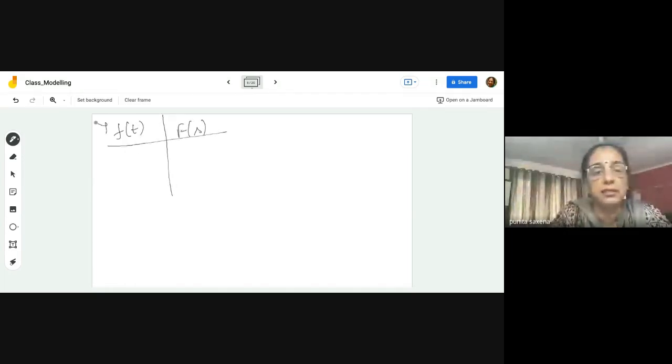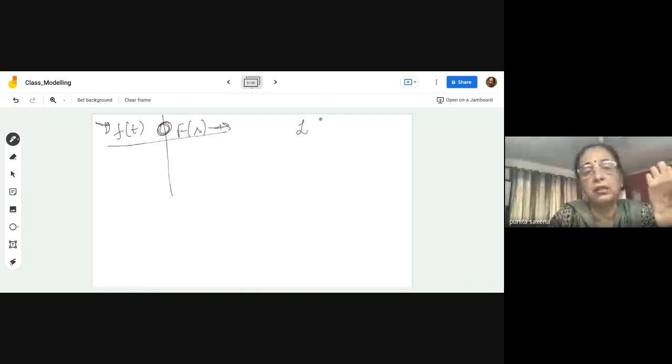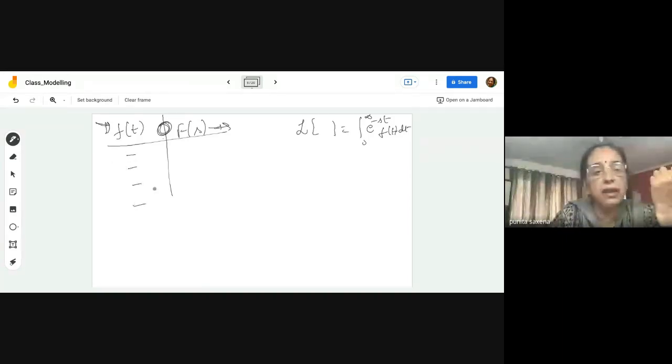This is my input, this is my output, and what is in between is like a juicer. You input this, the machine is doing something, and this is the output. That machine is the Laplace transform. It is computing this improper integral from 0 to infinity of e to the power minus st times f(t) dt. So depending upon my f(t), I'm going to get my corresponding F(s).